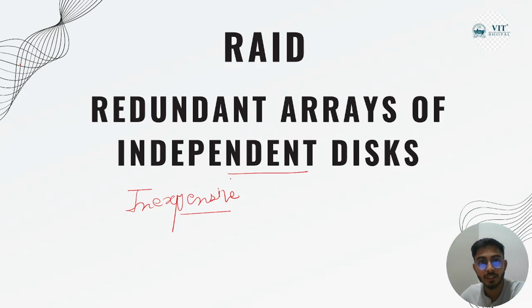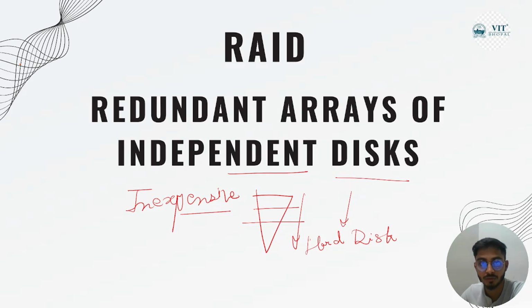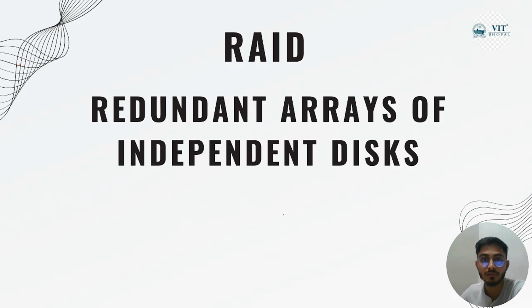That's why we can also say redundant array of inexpensive disks. If we talk about memory hierarchy, at the bottom according to cost, hard disk will come because it is cheap. So we can use hard disks in large amount because here we are using multiple disks to store data.